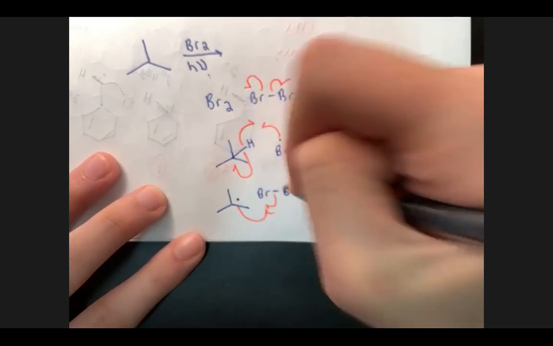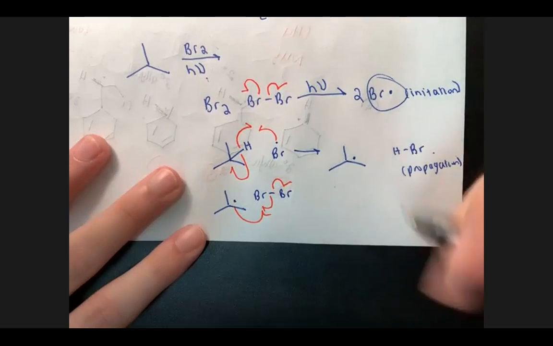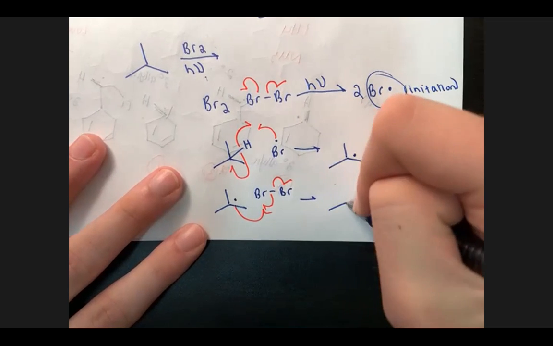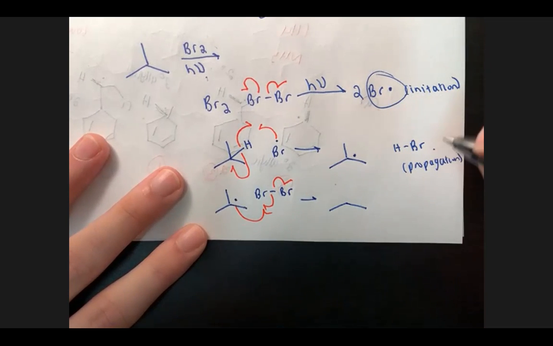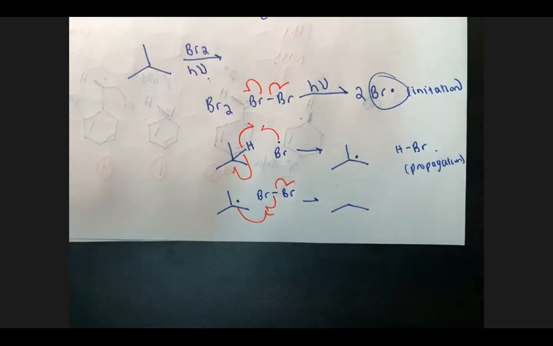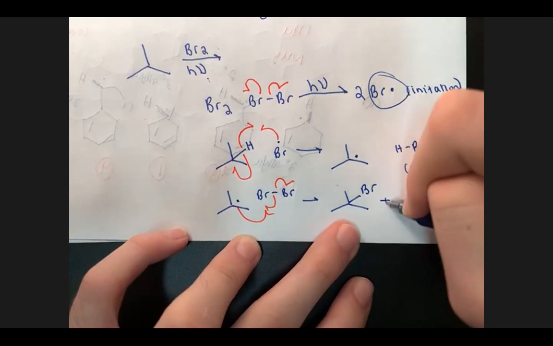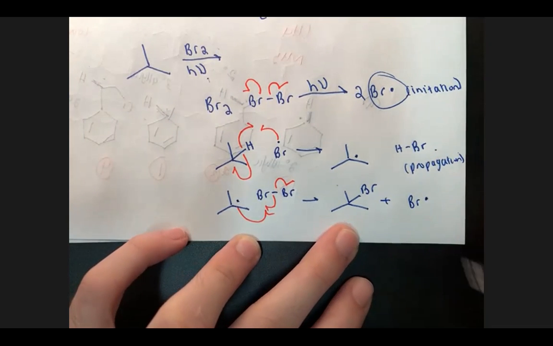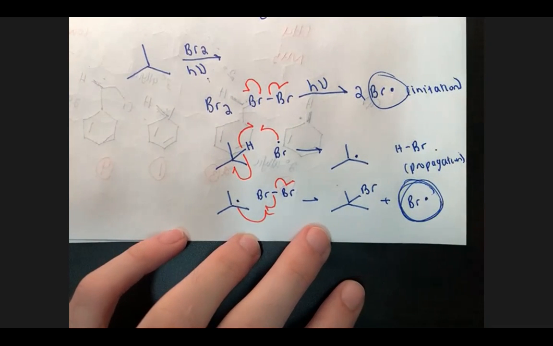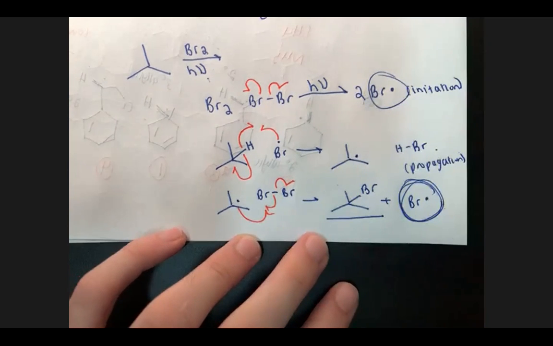This can keep reacting with more bromine in solution, and you can keep getting more radicals. So you get this new bromine product, but now you've still generated more bromine. You can see how you're continuously creating radicals even when you form a product.